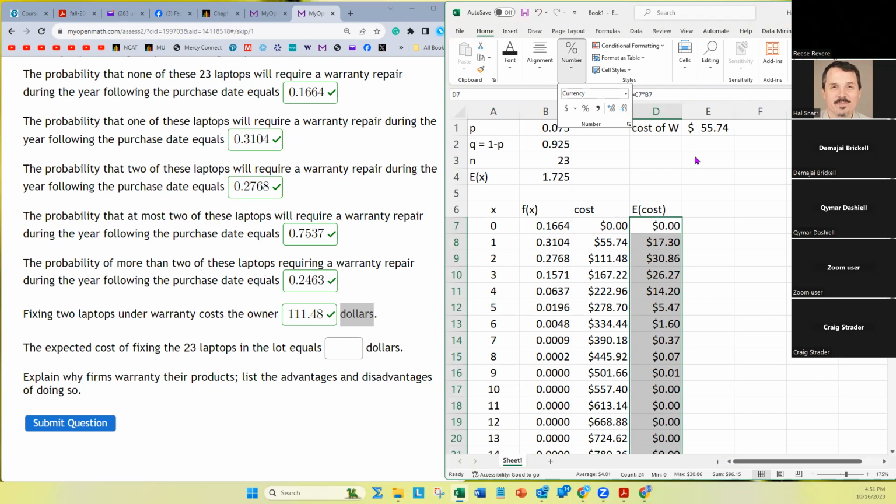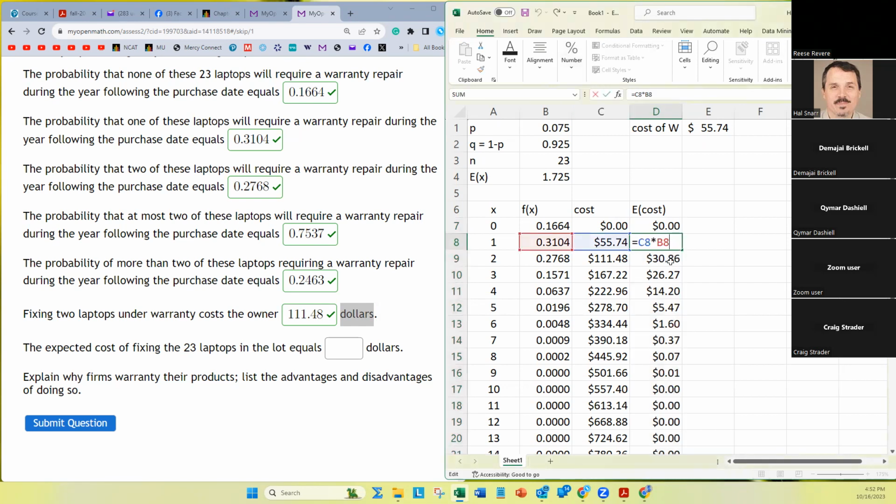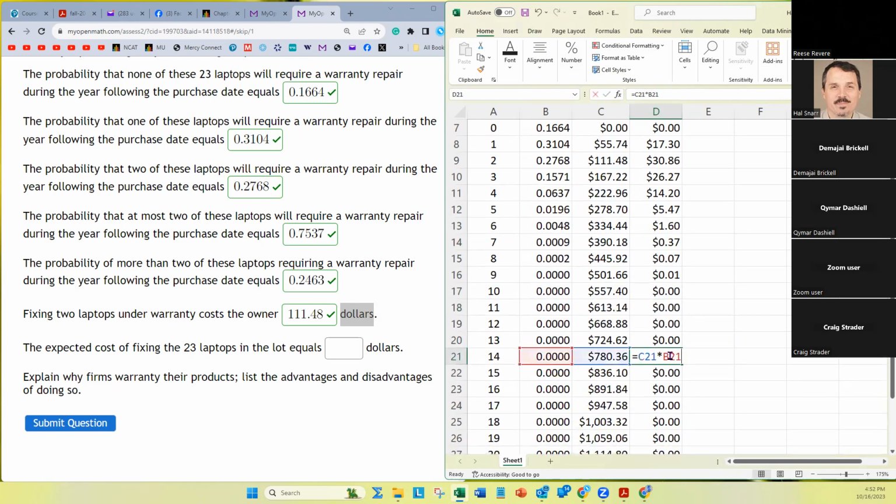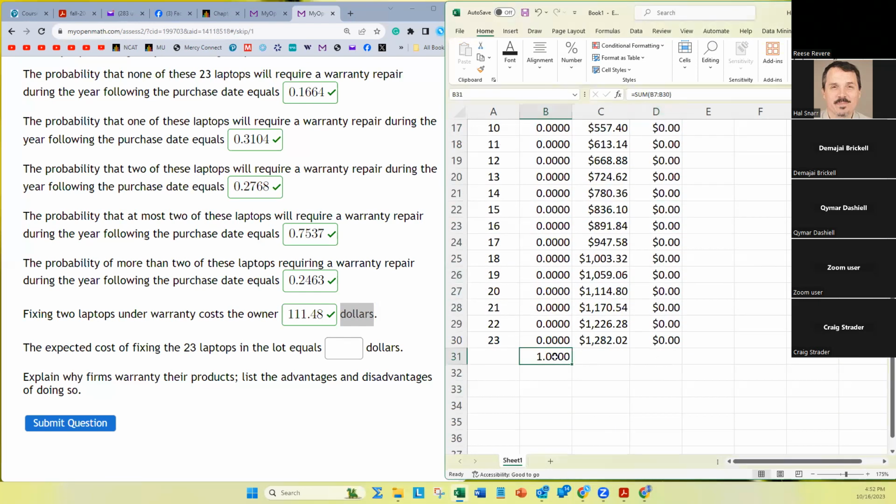Okay. Almost. So I'm just multiplying the probabilities by each of these outcomes, right? You see that? Now I'm going to sum.